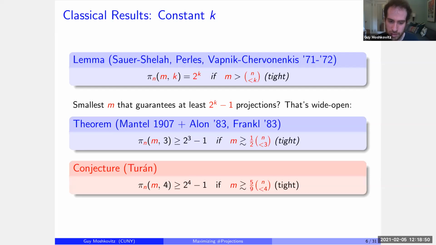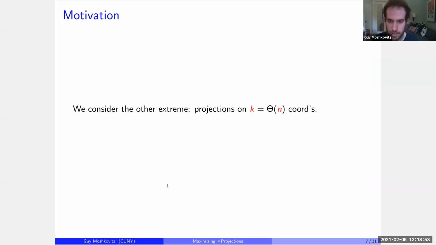So I'm not going to go this route. Instead, I'm going to consider the complementary setting. We're going to talk about projections on a linear number of coordinates, half of the coordinates, a quarter of the coordinates, okay? Maybe there's hope to say something here. Okay, so if you didn't follow the previous slide, you can just completely forget that, because from now on, we only care about the setting of projecting on a large number of coordinates, not just 2, 3, 4 coordinates, but theta of n coordinates.